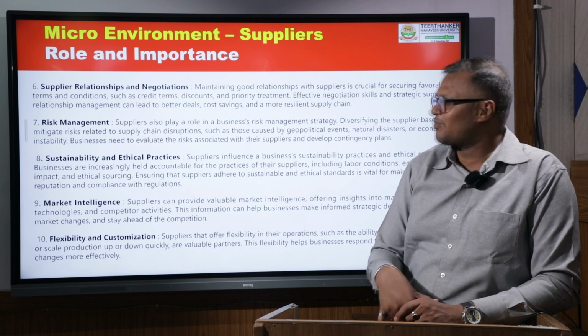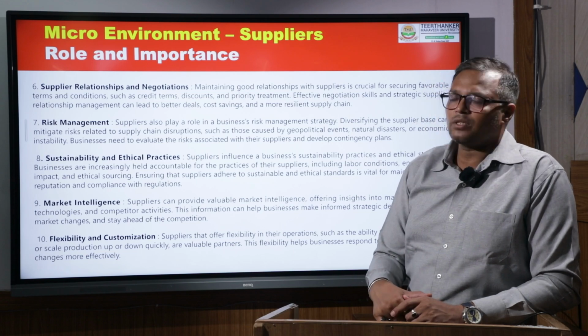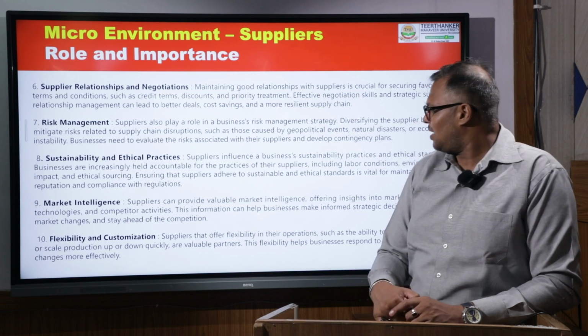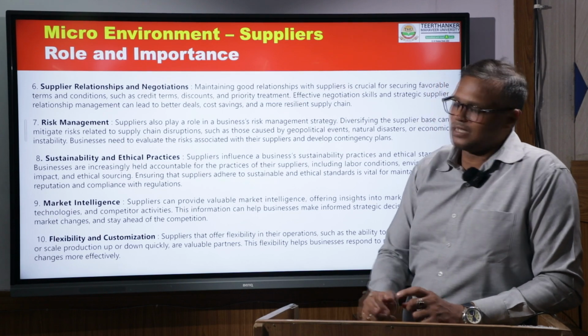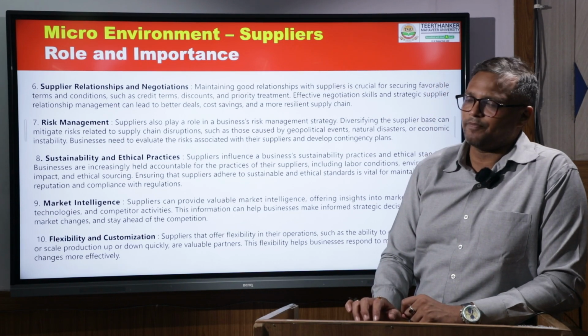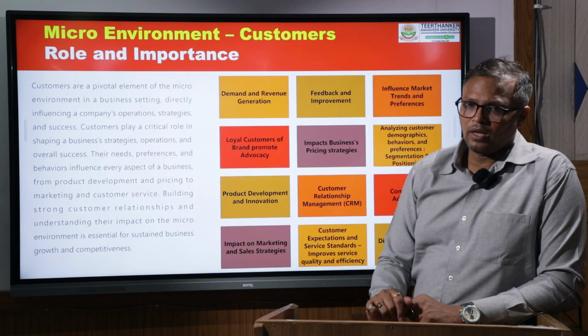Either it can be scaling up the production, or lowering the production, or getting the value things more quickly, and many more things. This flexibility helps the business respond to market demand changes very effectively. And thus, the supplier directly or indirectly impacts all those things very strongly.